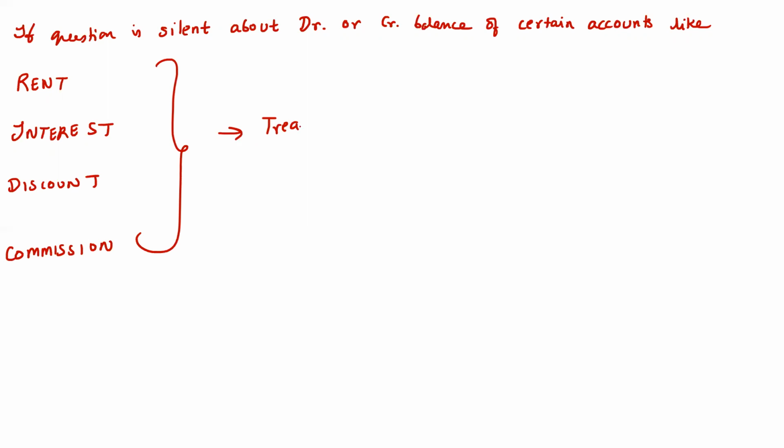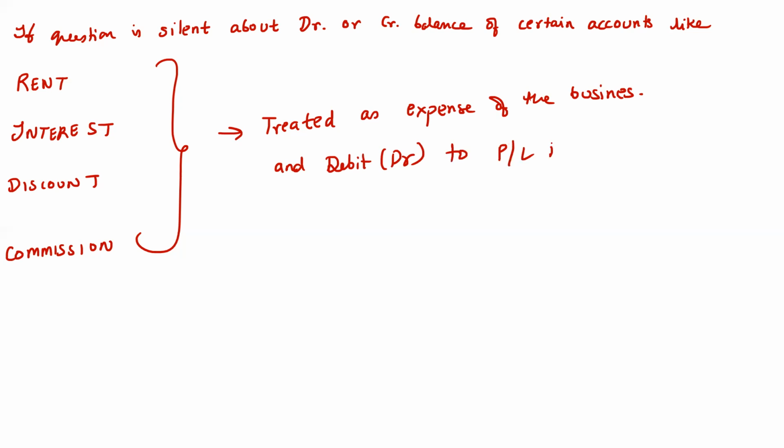So we don't know whether they have a debit balance or a credit balance. Then they will be treated as expense of the business and debited to profit and loss account.